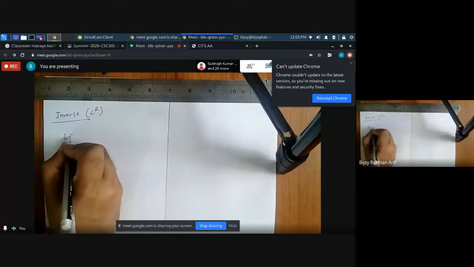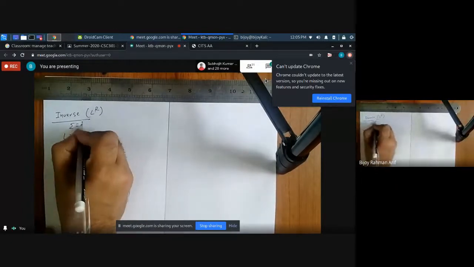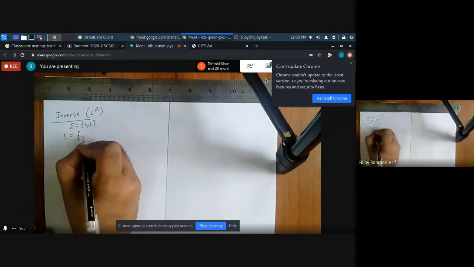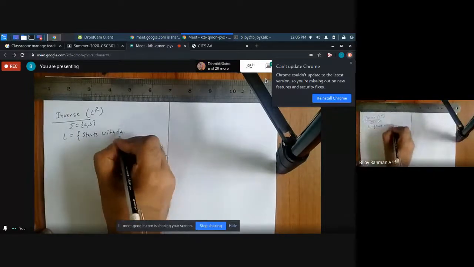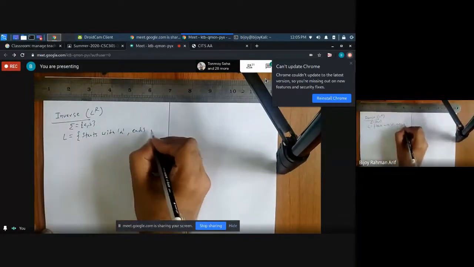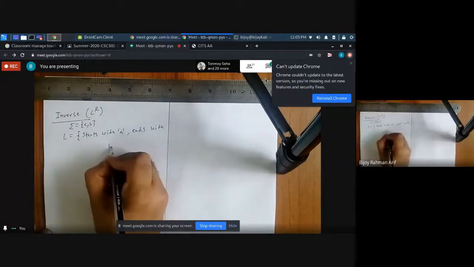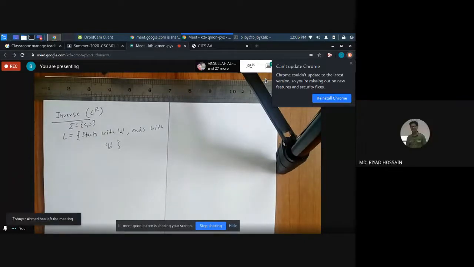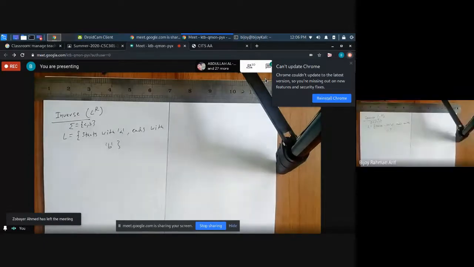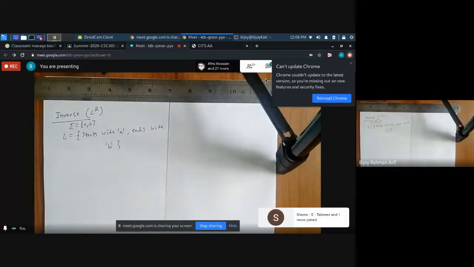Let's say my language is sigma is {A, B}. The language starts with A, ends with B. So what would be my finite automata for this?